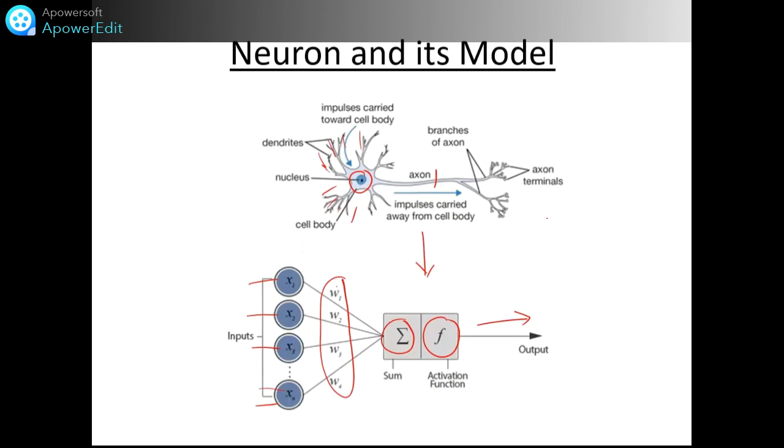I have just discussed this model of a neural network. The first one is the biological representation, and this we are representing as the model. X is the input, and these W are the same weights, and we do a summation after the multiplication, and this is the activation function part.